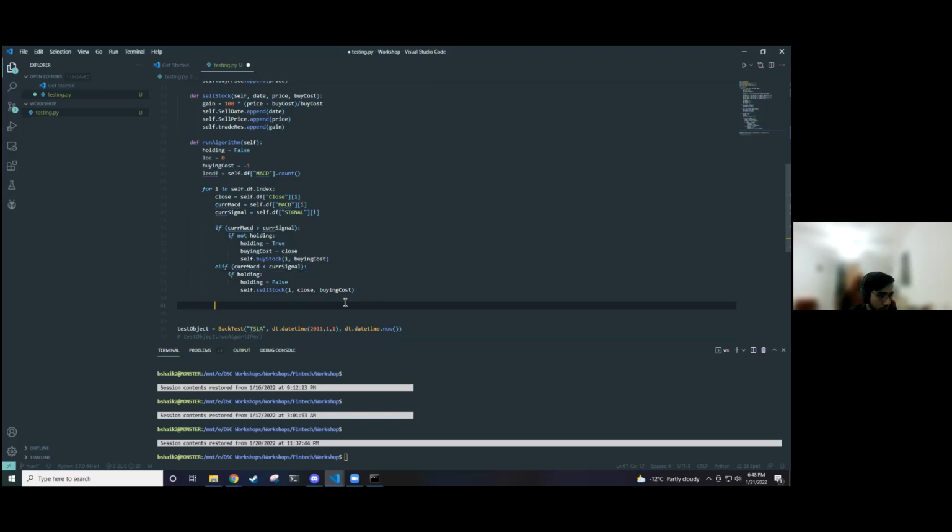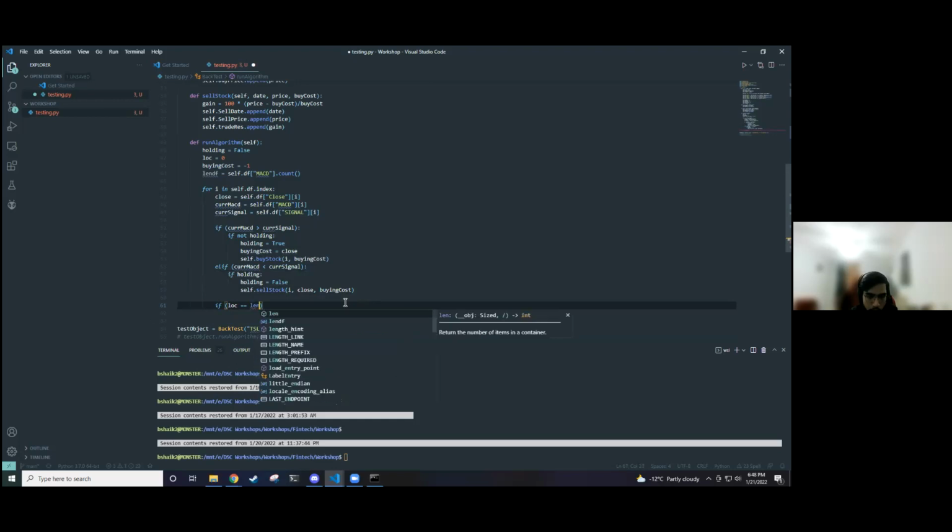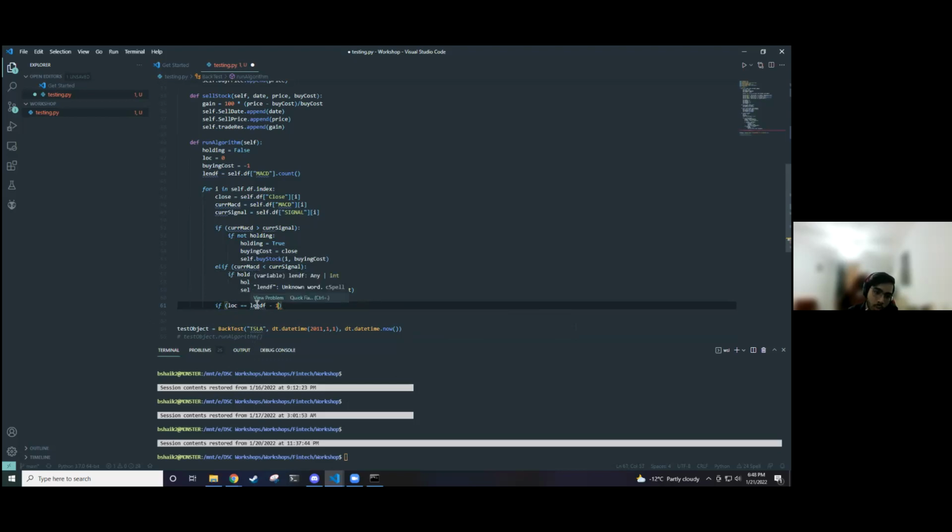One of the few last things that you need for this algorithm is the situation where you are at the very end of the execution, and that would be indicated by len df minus 1, just because it starts at 0. So whenever you're at the last position, that means you're at the very end.